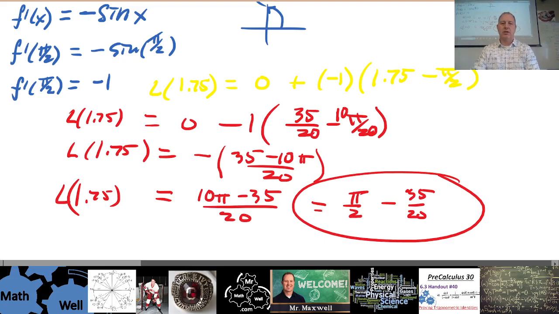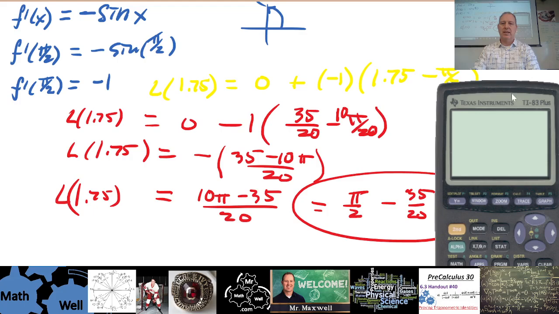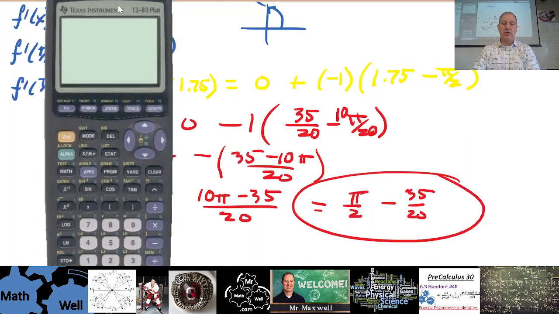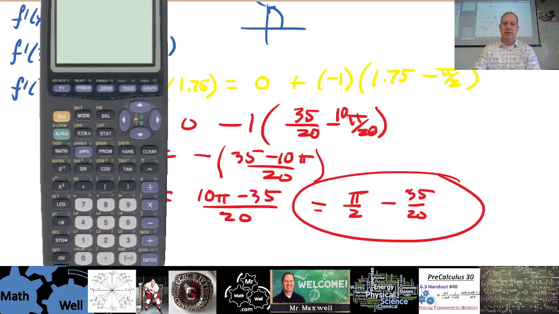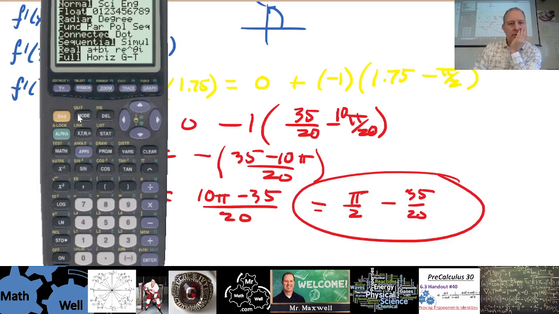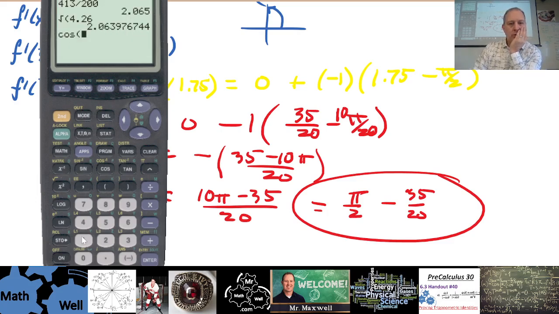Now let's just see what we would get if we did the actual cos of 1.75. We might have to find this out as a decimal to compare, but are we in radians? Yep. So cos of 1.75 is negative 0.1792.